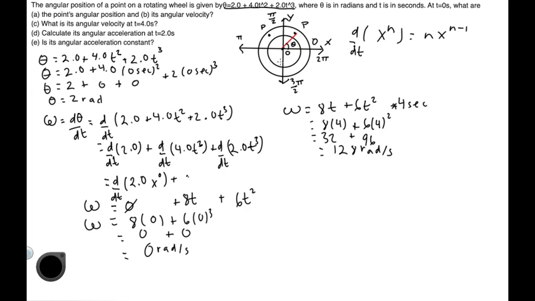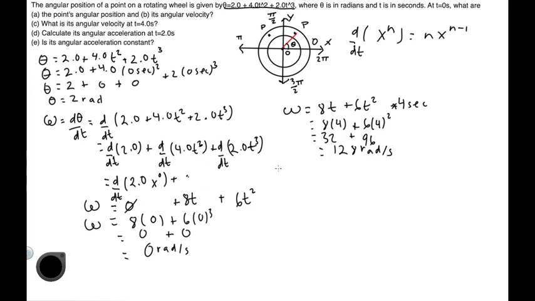So at what rate is the velocity changing with respect to time at 2 seconds, right, 2 seconds after it starts to spin? Therefore we simply take the derivative of its angular velocity, omega.